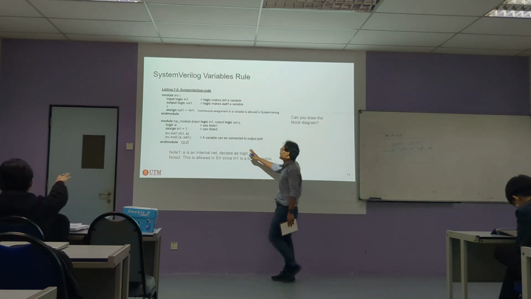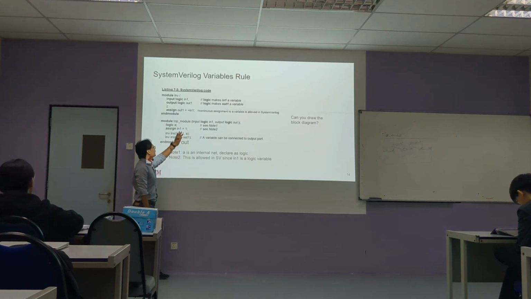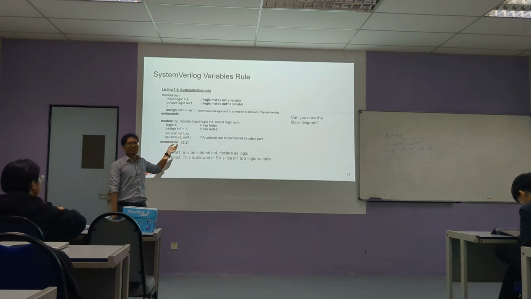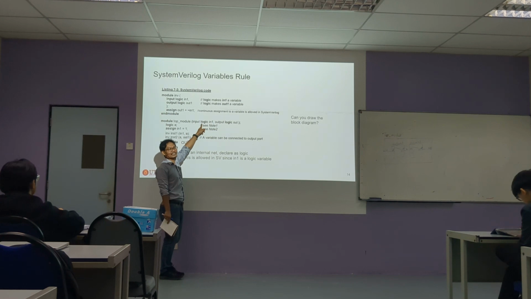I think they just want to say that you can put logic for the input, then you can assign a constant value to your input. I think in Verilog you cannot do this. In Verilog you cannot do input reg. There is input wire, wire is allowed but input reg is not.